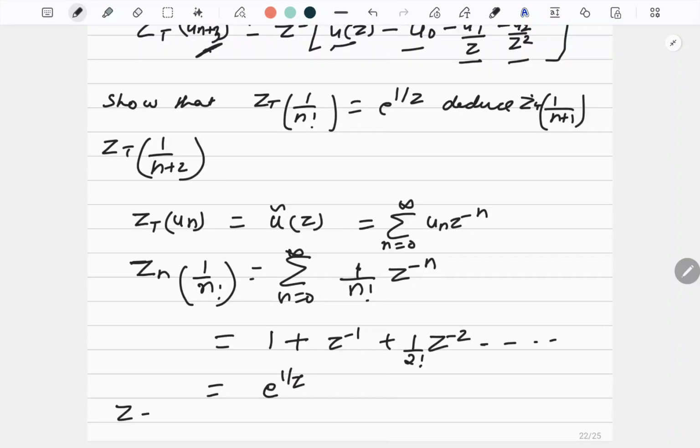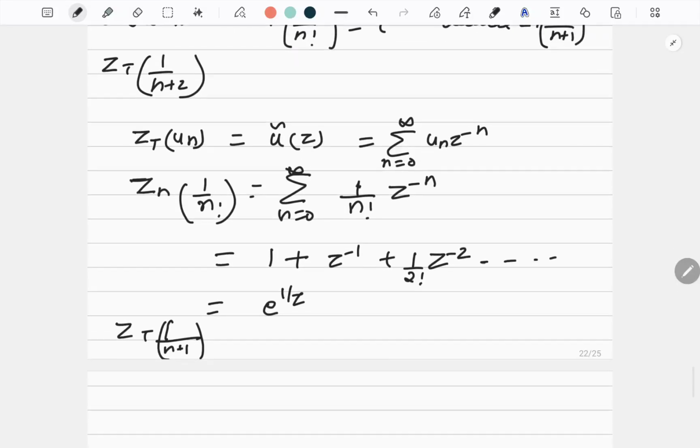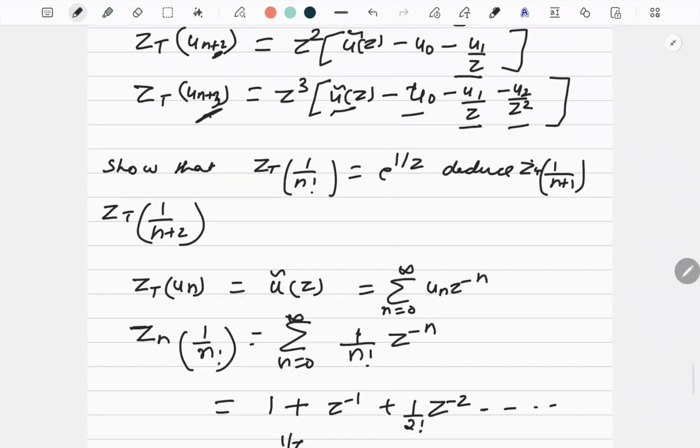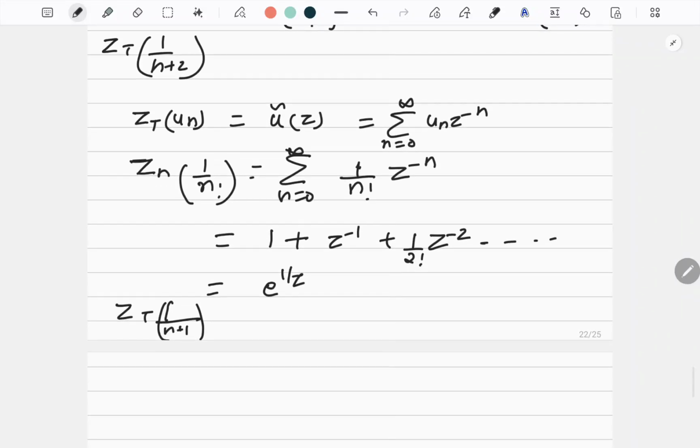Now they are asking to find the Z transform of 1 upon (n plus 1) factorial, right? For n plus 1, I already have the result for 1 by n factorial, which is e to the power 1 by z. Now I'll apply the shifting property.